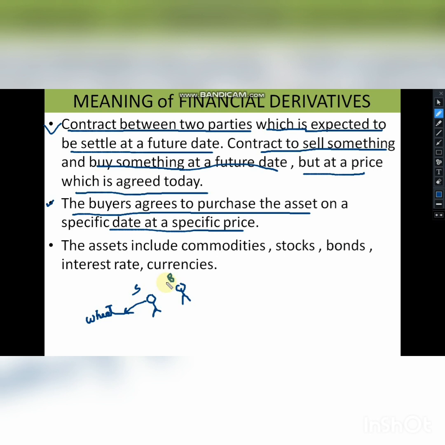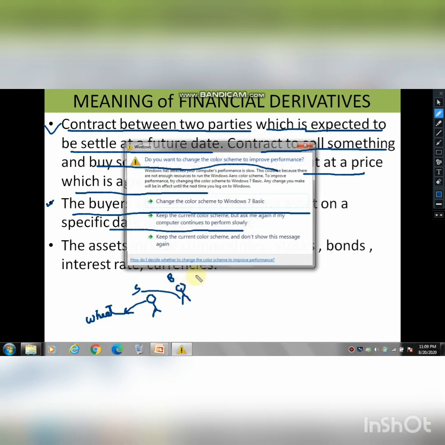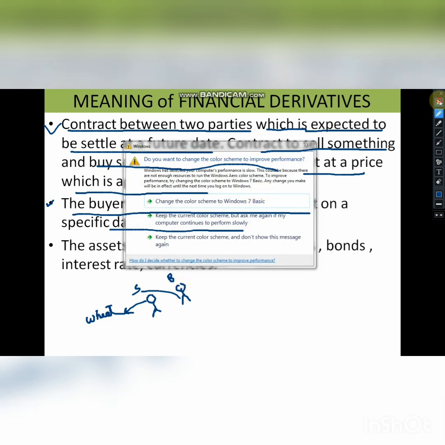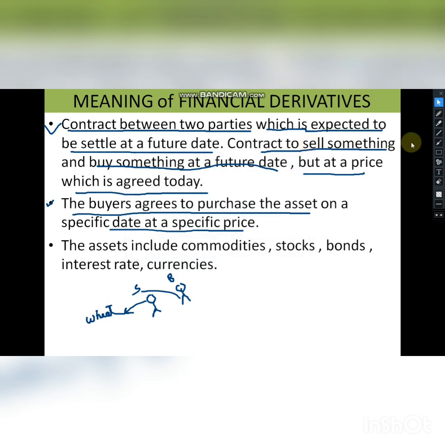The point which I want to make here is that this contract is only made when there is some kind of risk involved. Suppose the farmer is thinking that after 2 months the price of wheat will get low, and the buyer is thinking that after 2 months the price of wheat will rise.